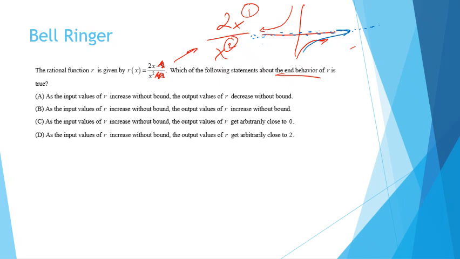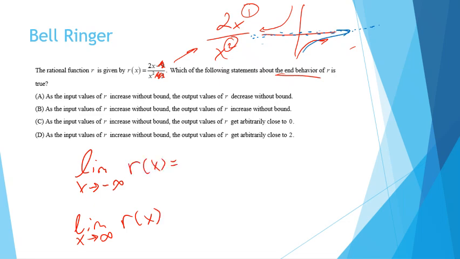Well, let's write our two limit statements. You can write the two limit statements here: the limit as x approaches negative infinity and as x approaches positive infinity of our function r of x. Because this is bottom heavy, both of these are going to be 0. Now let's see if we can match one of these with a verbal limit statement.